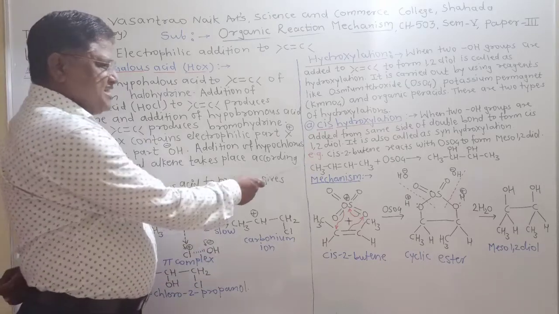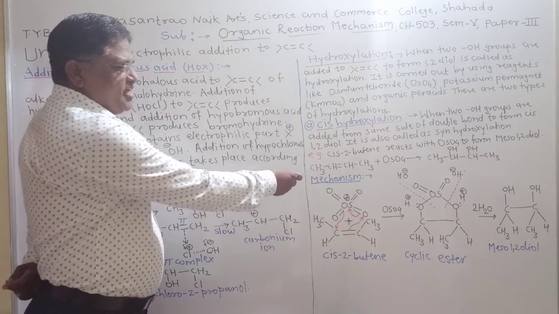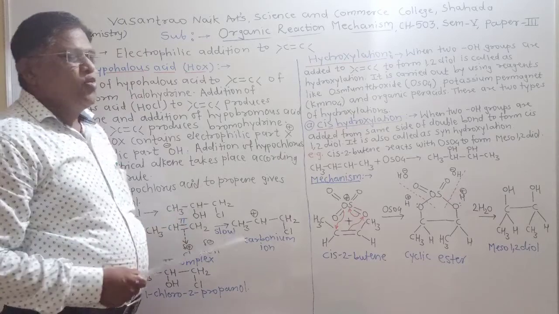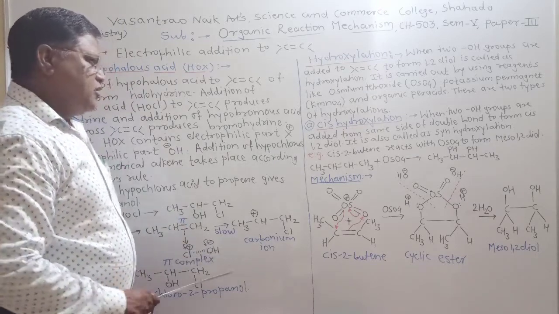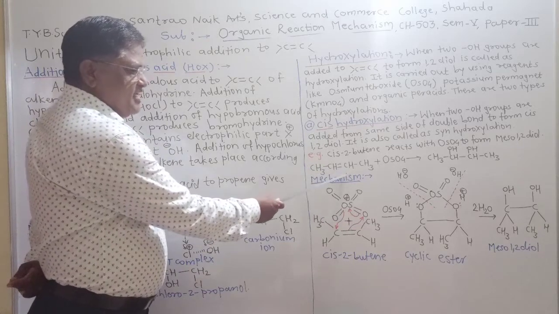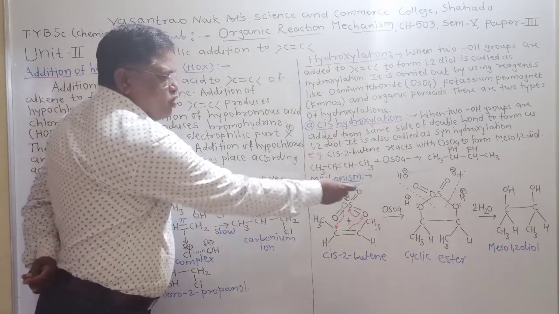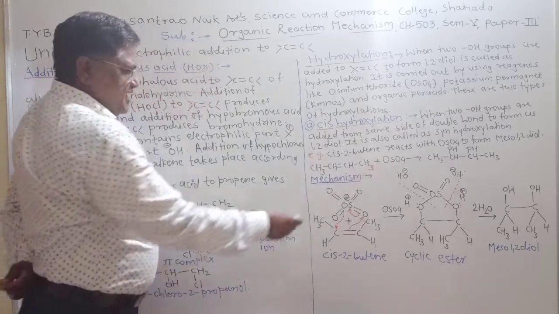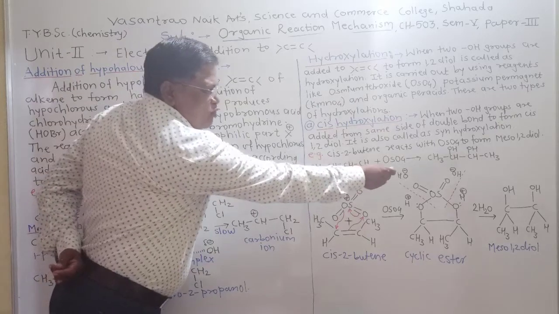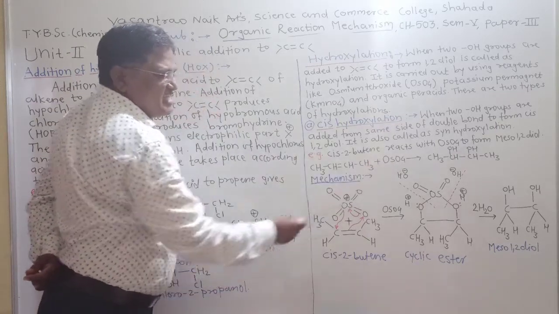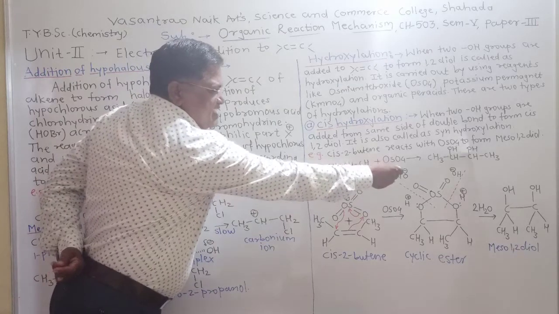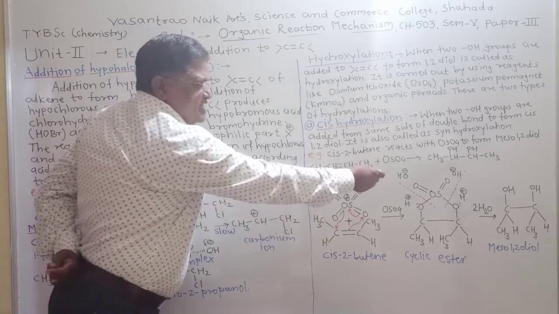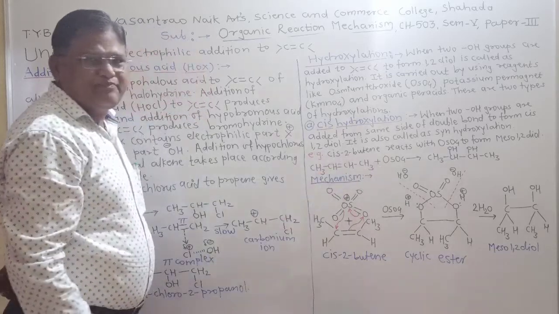Now we can take the example when cis-2-butene reacts with osmium tetroxide to form meso 1,2-diol. In this case, both OH groups get added from the upper side, that is the same side of the carbon-carbon double bond, and therefore it is called a cis diol.